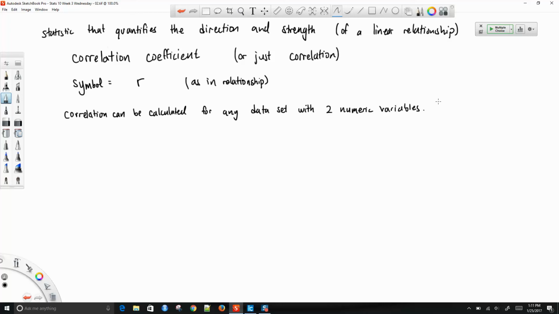However, the interpretation and the utility of the correlation only makes sense if the relationship is linear.